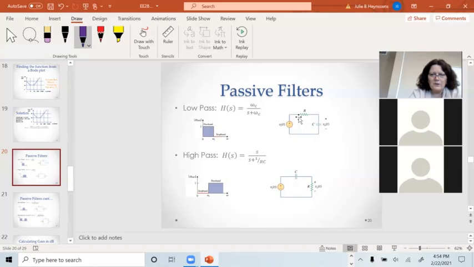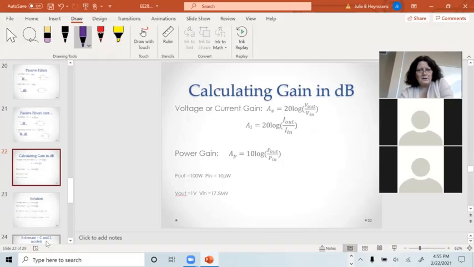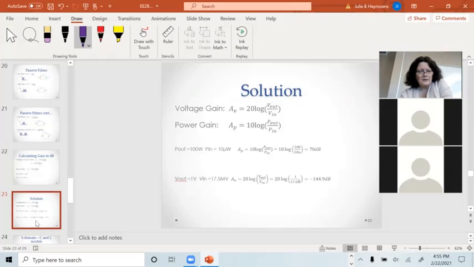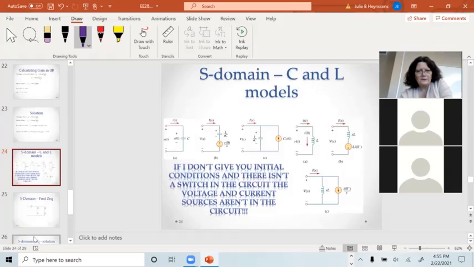We can do this with an R and a C. High pass filters, we just flip the order. Be able to do this: calculate current gain, voltage gain, and power gain in dB. You should know how to do that.